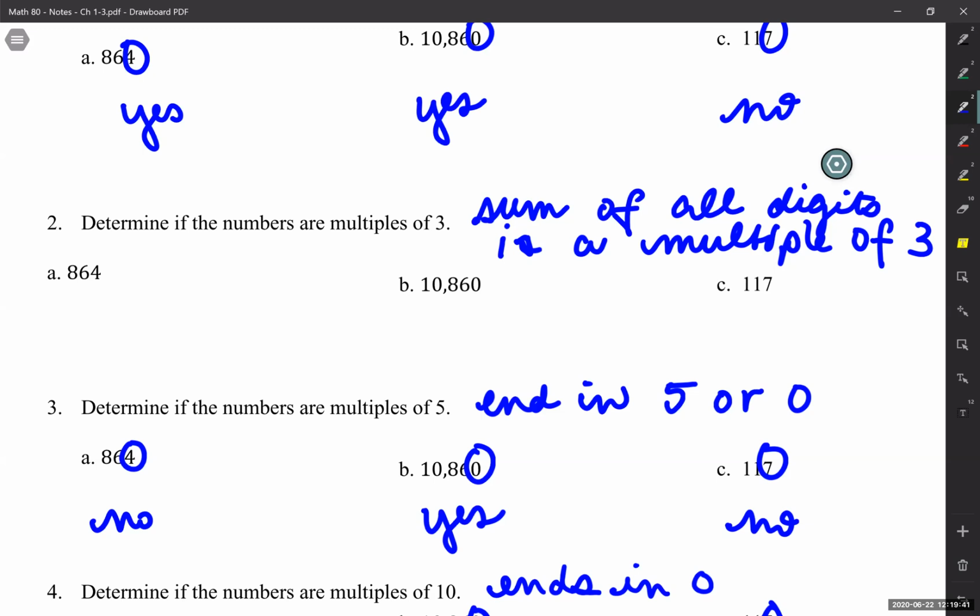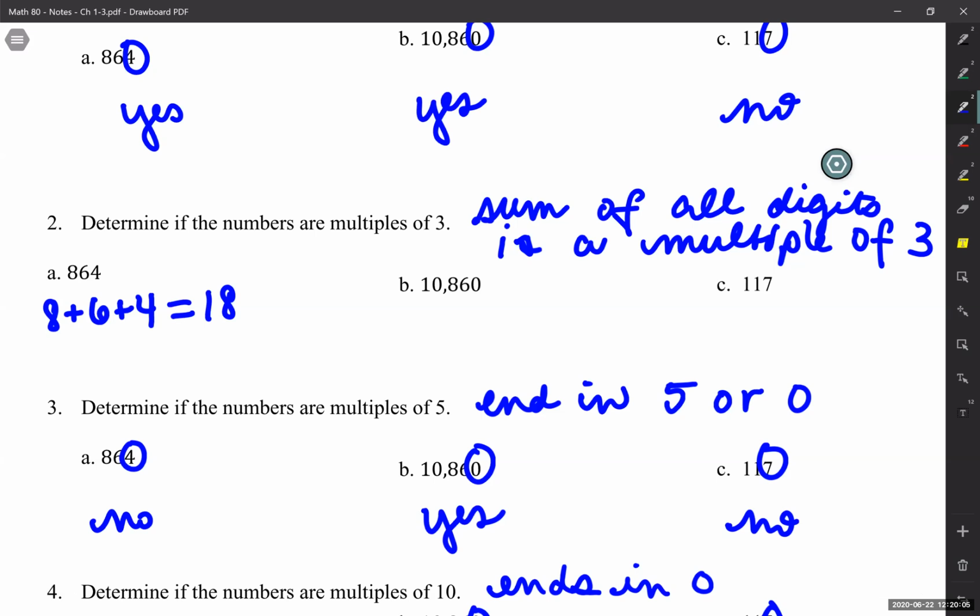Okay, so let's look at A, 864. So I'm going to add up 8 plus 6 plus 4. Literally just add up the digits. That's all we're doing. 8 plus 6 is 14. Plus 4 more is 18. Is 18 a multiple of 3?